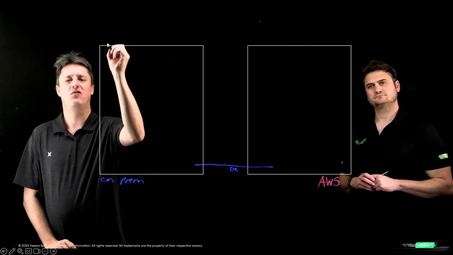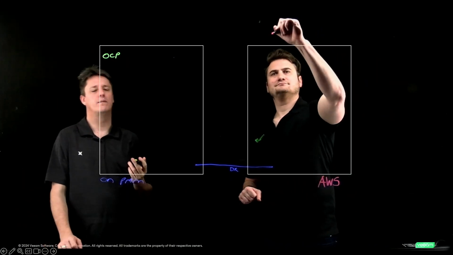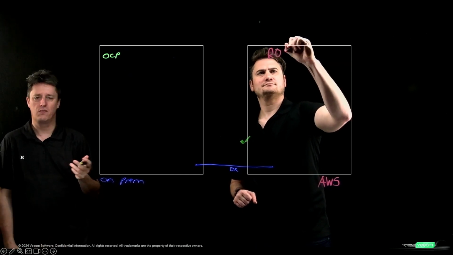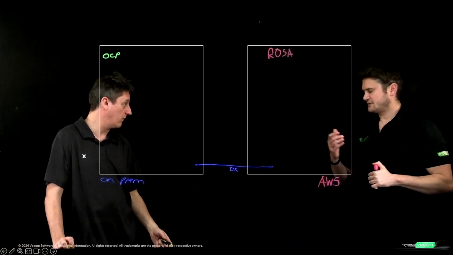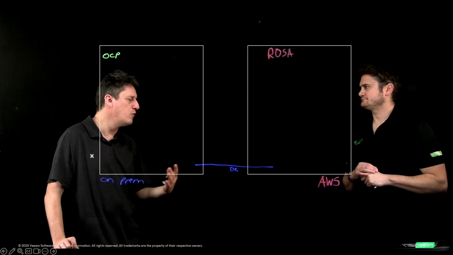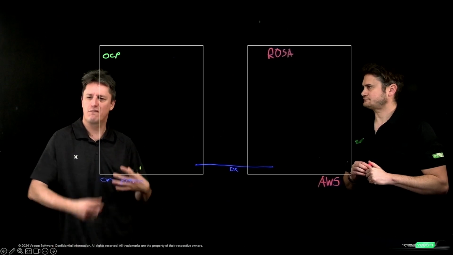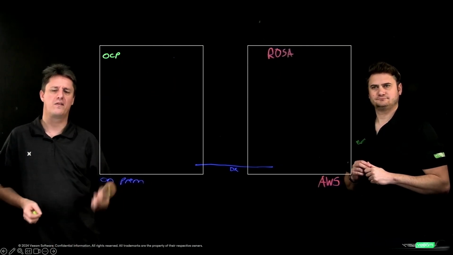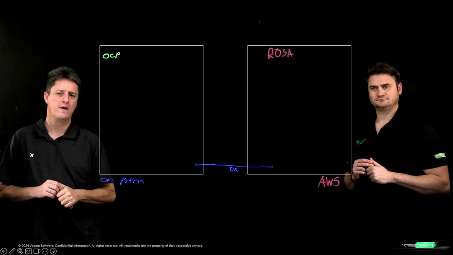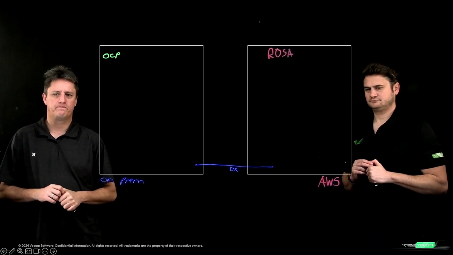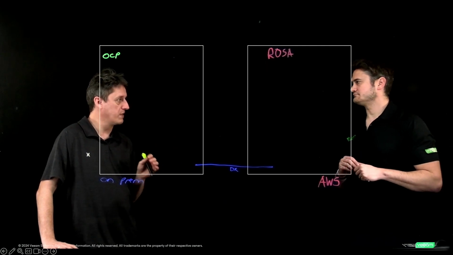So I do see things like OCP coming into the picture over here, and we see ROSA on that side. It's not to say we don't see OCP on AWS. Customers are just moving towards, can I get a managed option? And if for some reason that doesn't fit into their requirements, they'll then collapse back to a self-managed version of OpenShift. Now, when we're protecting just about anything, a backup and recovery solution becomes fundamental.